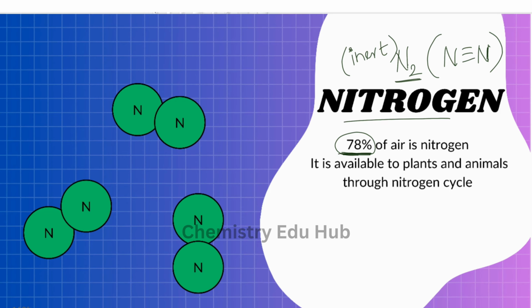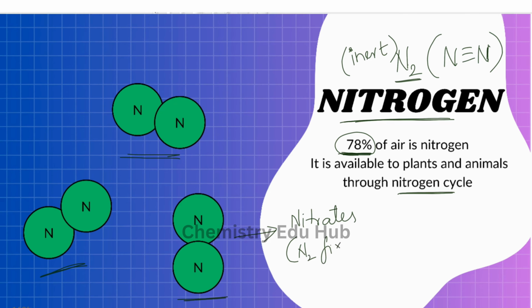78%. Now, the available N2 gas, in this form, is not suitable for either plants or animals. So what happens? This nitrogen gas moves through a cycle called the nitrogen cycle. The nitrogen present in the air is converted into nitrates with the help of nitrogen fixing bacteria.